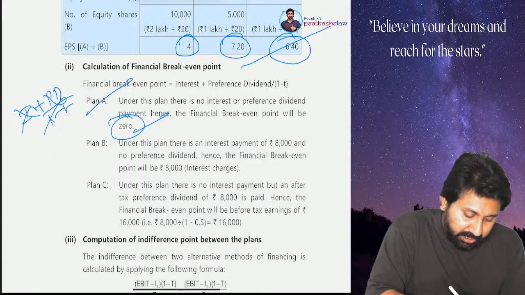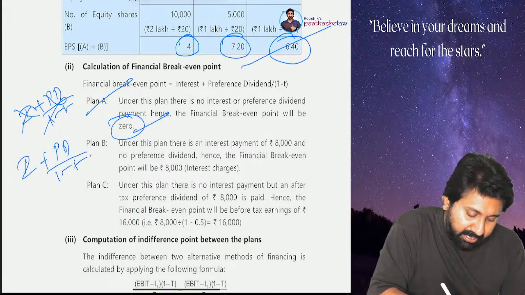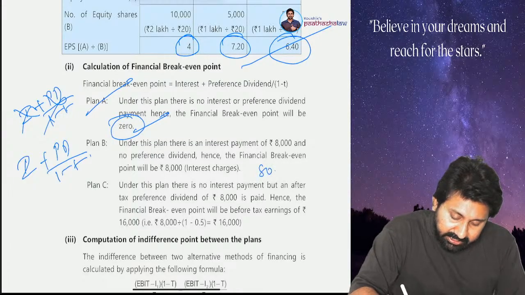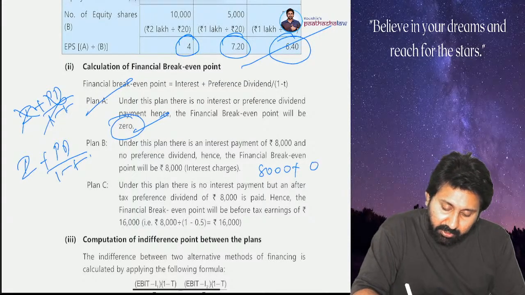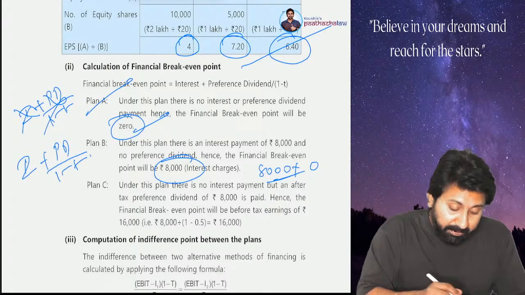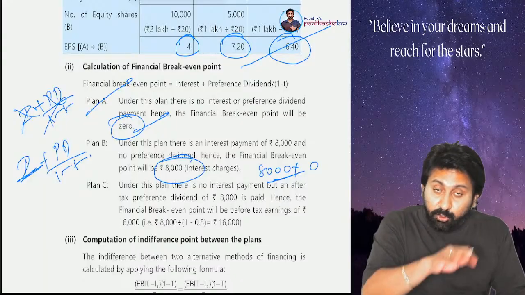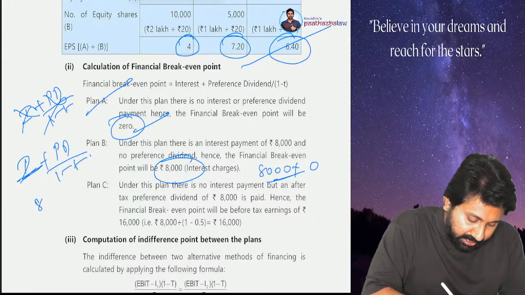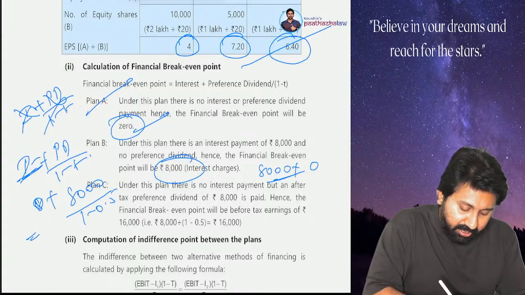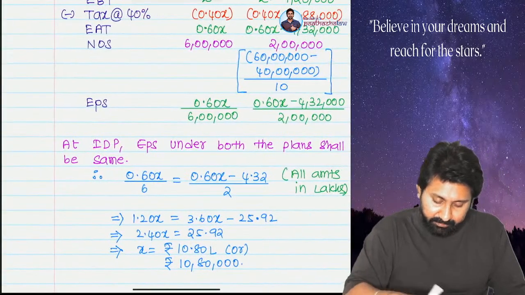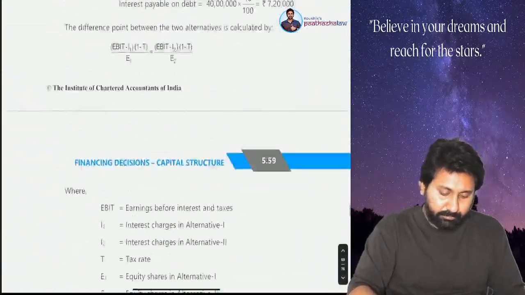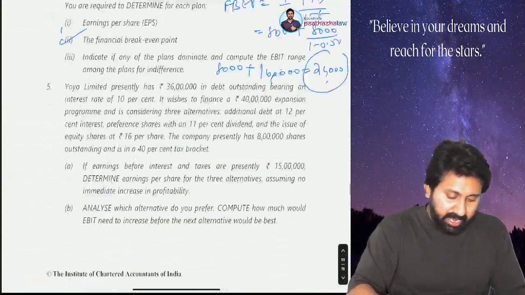In the second option, interest is 8,000 and PD is 0, so 8,000 will be the answer. In the third, assume debt is not there, so interest is 0 and PD is 8,000 divided by 1 minus 0.5, which comes to 16,000. Second calculation is also done.